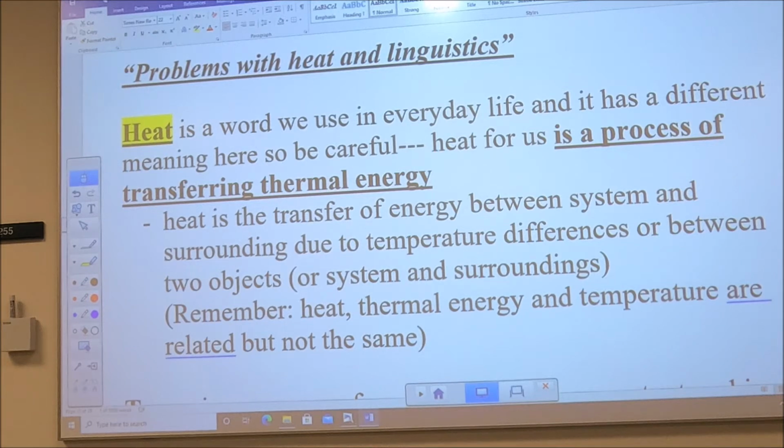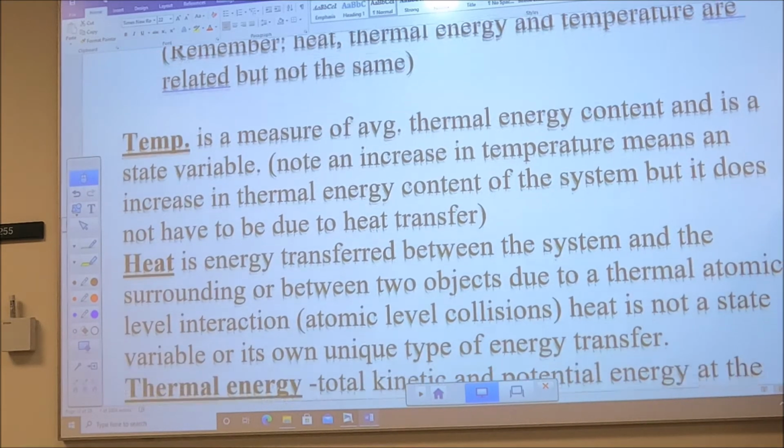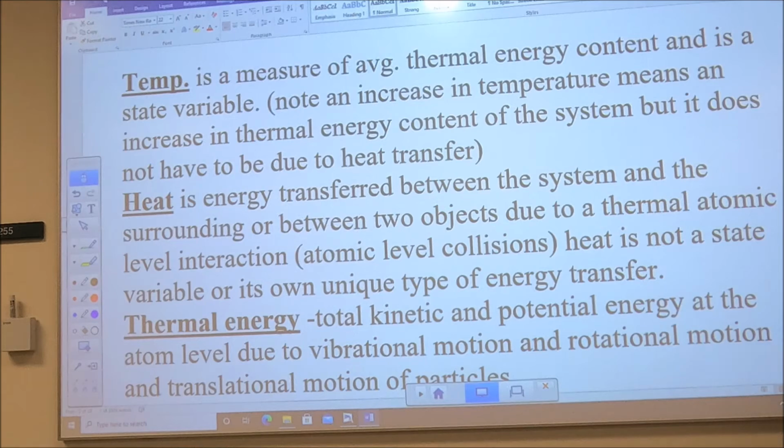It's between a system and its surroundings, or object 1 and object 2, and heat transfer happens when objects at different temperatures come in contact with each other. Temperature is a measure of average thermal energy content, and it's a state variable.